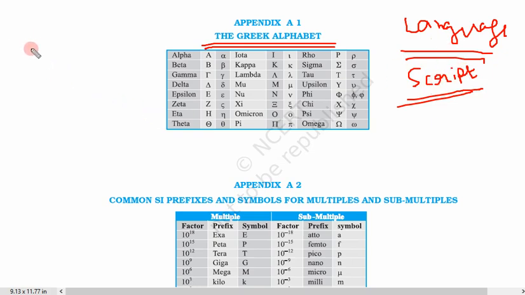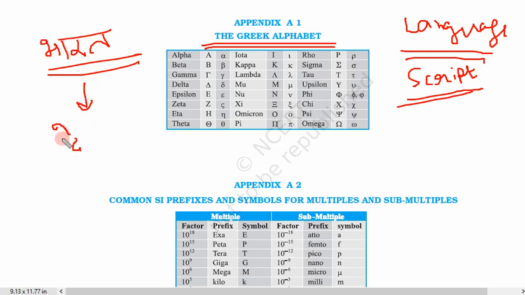Now suppose I write Bharat. Bharat is the language part of Hindi, and this is the script. The script of Hindi is Devanagari. Hindi is written in which script?